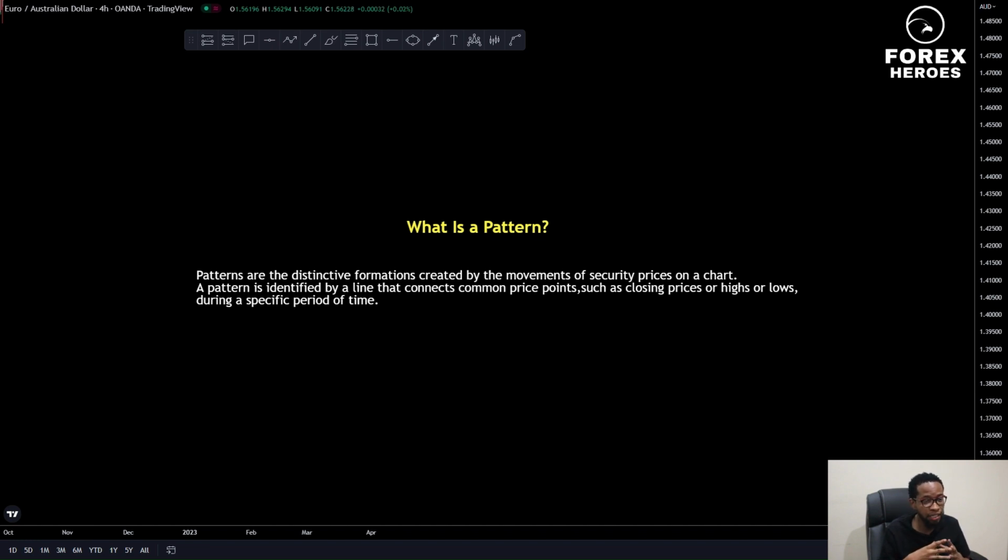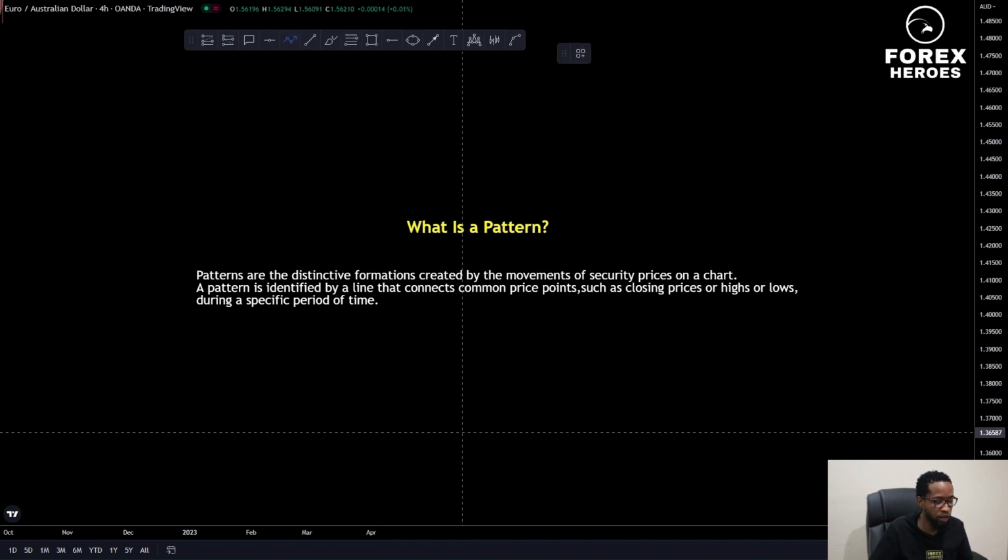So you can identify them from a wick to a wick, or from a body to a body close. But I prefer using wicks so that you don't get caught in market manipulation during a specific period of time.